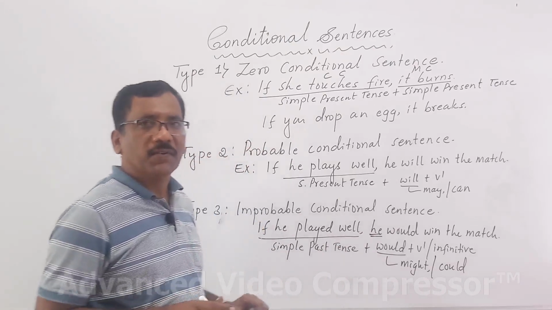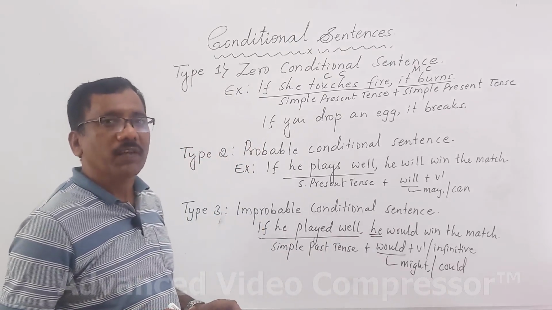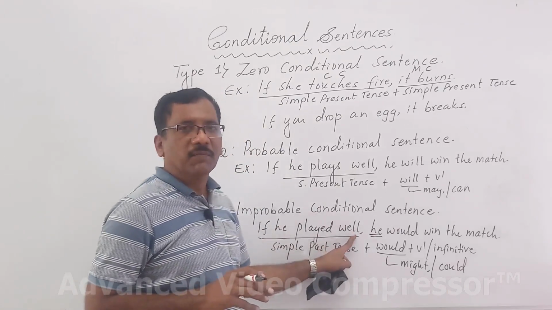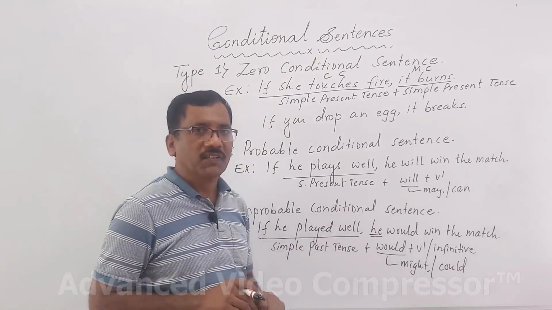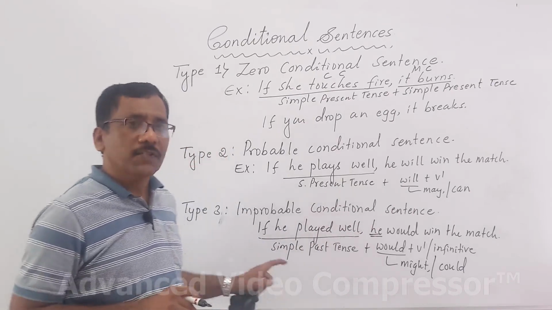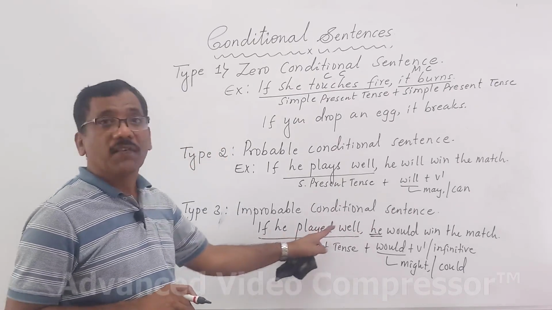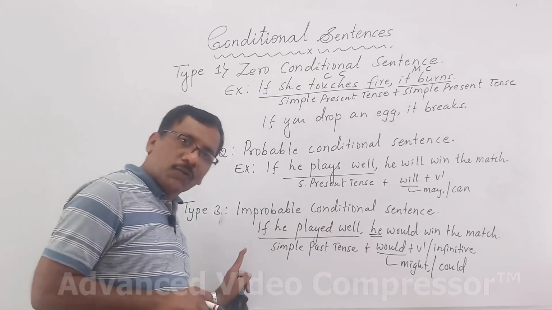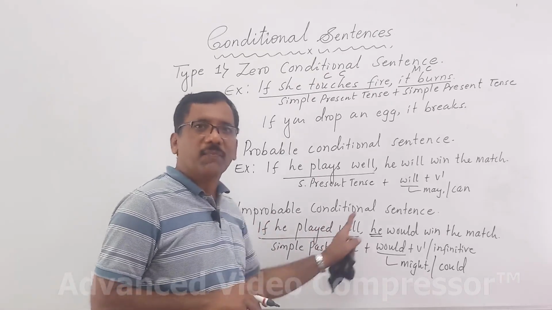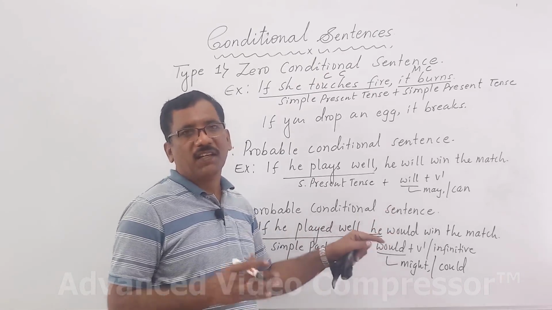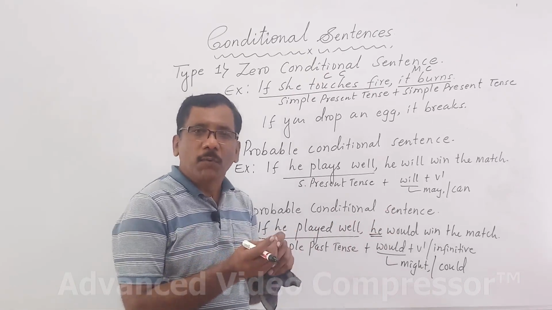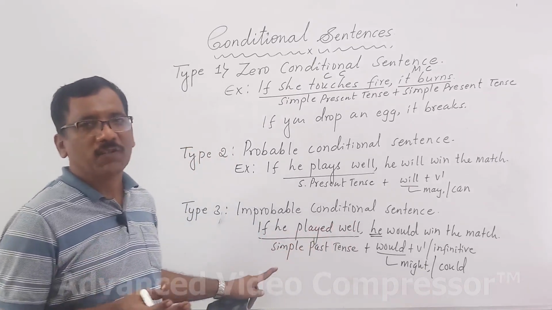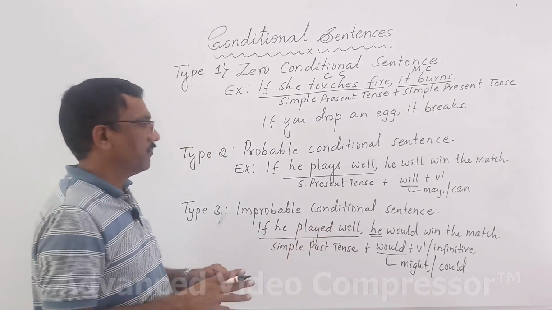It means we see improbability in the sentence. It means, but I don't expect that he will play well. Then improbability indication we see in the sentence. I hope this point is clear.